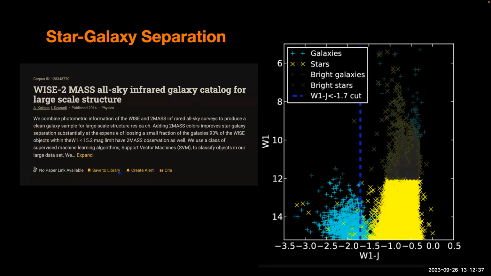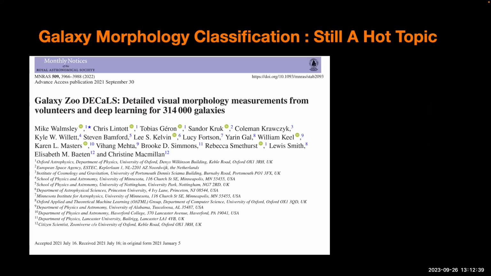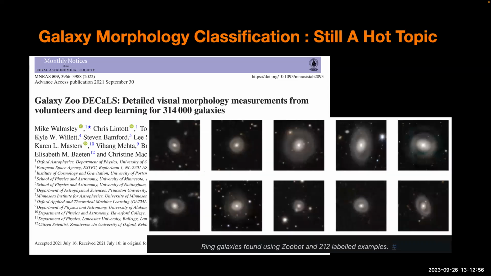So, this is still a very hot business beyond logistic regression, right? Yesterday I was talking to a candidate student who is interested in this topic. You want to separate galaxies based on their morphology. Why? Because some galaxies might be more interesting than others.